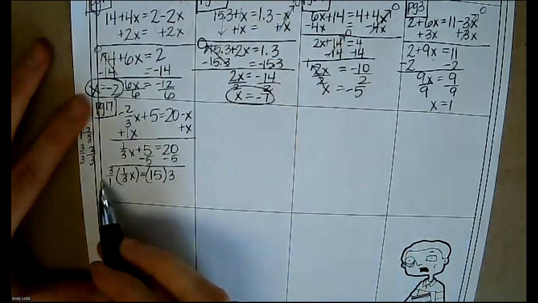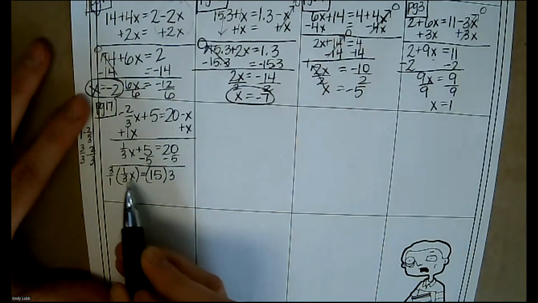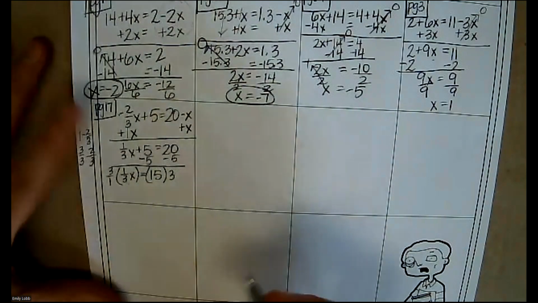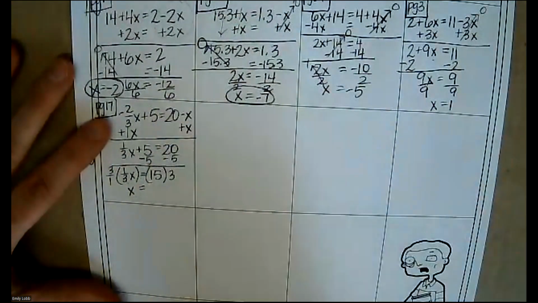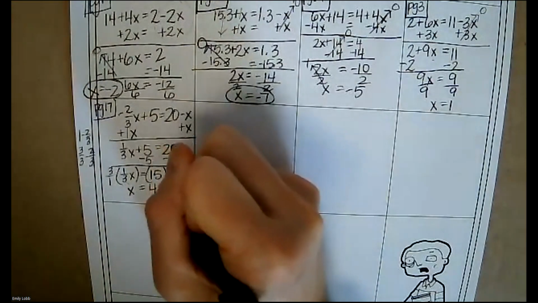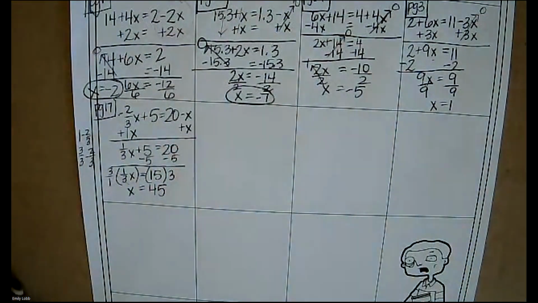So I'm multiplying both sides by 3. This becomes 1 because 3 times 1 is 3. 1 times 3 is 3. 3 divided by 3 is 1. So we have x, or 1x, is equal to, what's 15 times 3? 45.